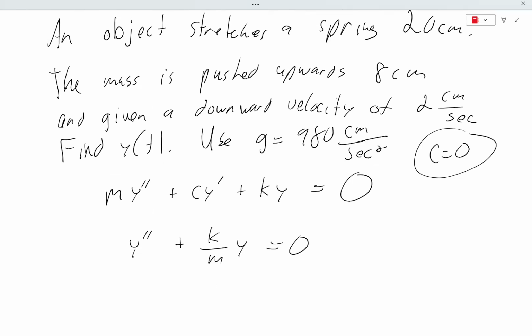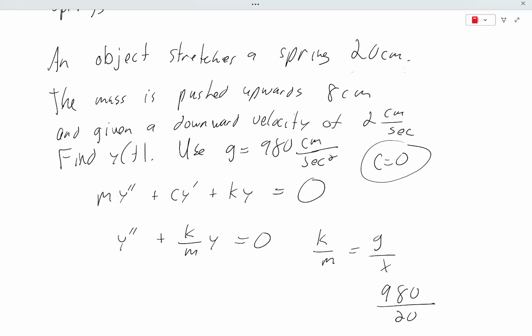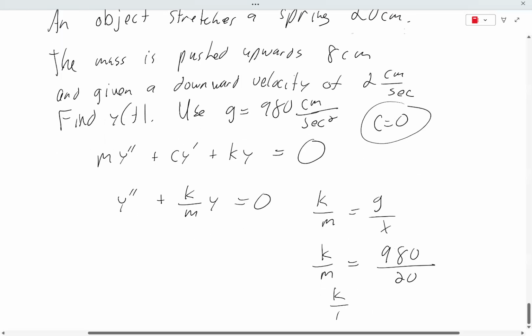So K over M is equal to g over x, where x is the displacement stretched when the spring was just resting. That's 980 over 20 displaced here. So K over M here is equal to 49 in this case.